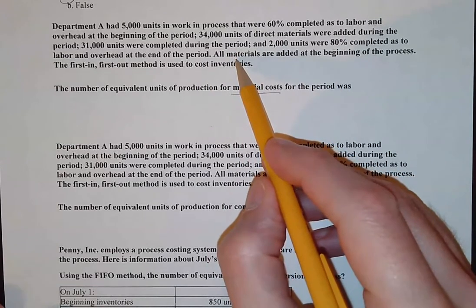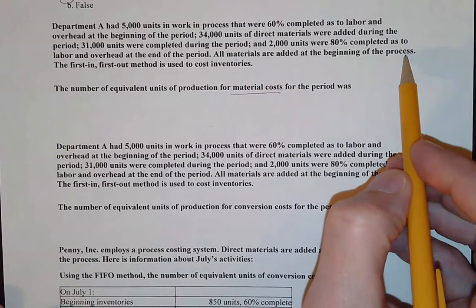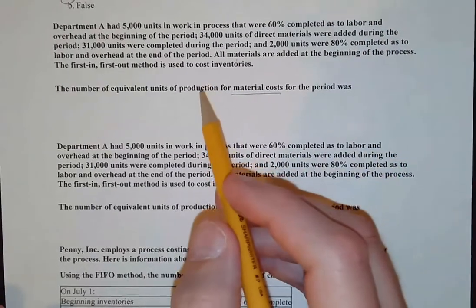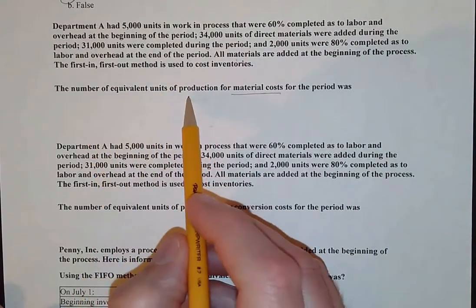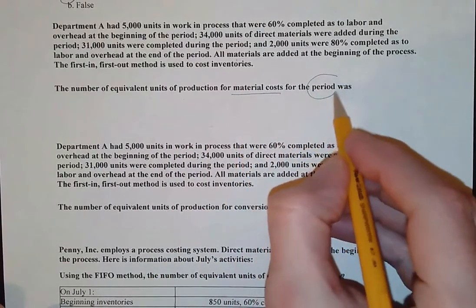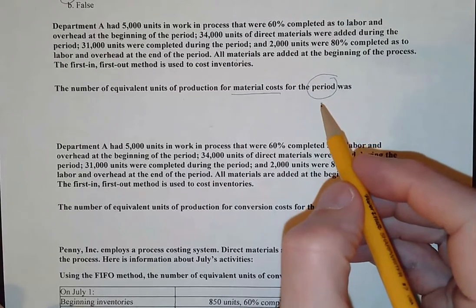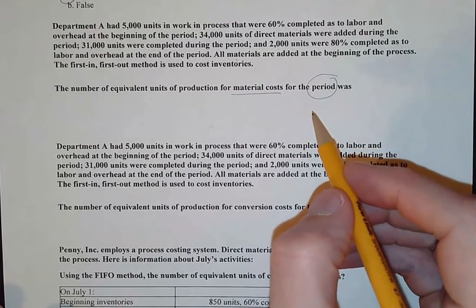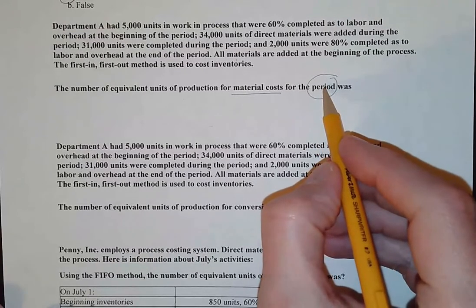All materials are added at the beginning, and the first in, first out method is used to cost inventories. All right. The number of equivalent units of production for materials cost for the period was, so they're not looking for a dollar figure here. They just want to know how many equivalent units we have for materials for the period.